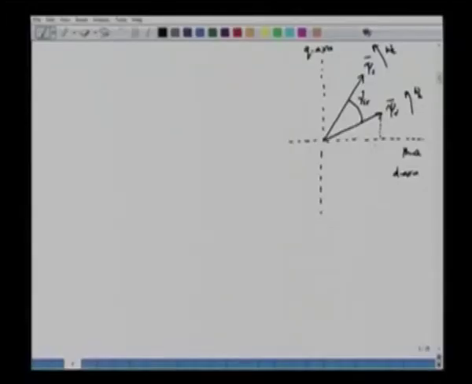For example, if I talk about the rotor flux, I can take the projection of the rotor flux along the D axis and Q axis respectively. If I project it along the D axis, this is psi dr, and if I project it along the Q axis, this will be psi qr. The angle of the rotor flux with the stationary phase A axis, I can call theta fr.